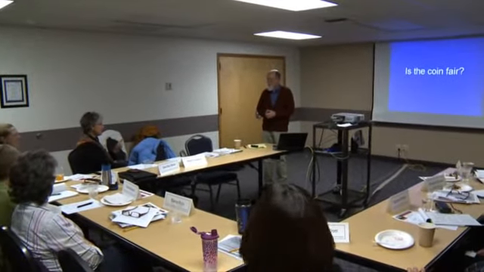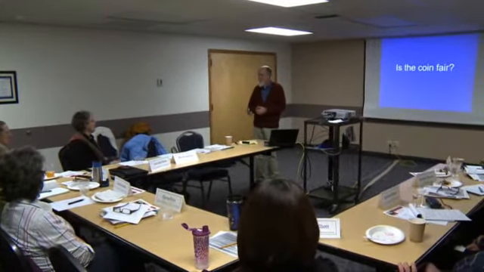Is anyone else at a point where they want to say it's fair or not? Okay, we'll get more data. Heads. Oh my God. Let's make a bet. I'll take heads. Why are you saying that?